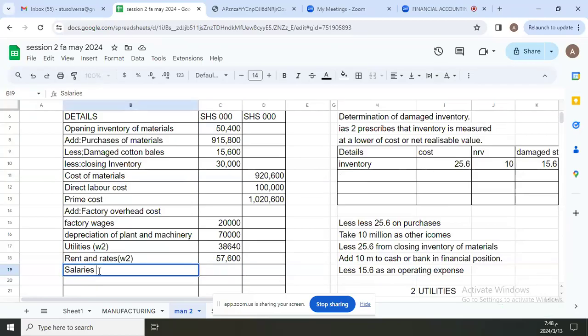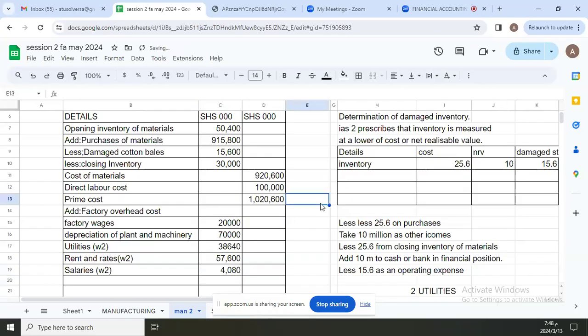Still, you show the examiner that this is working number 2. Are we together? Yes. Okay.